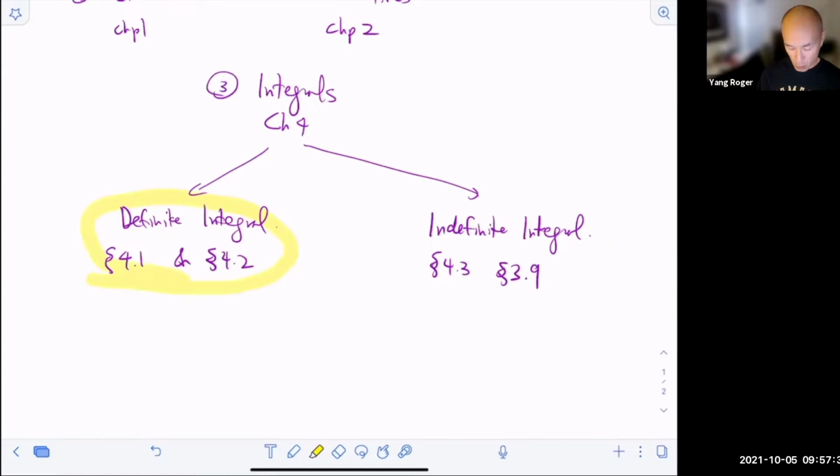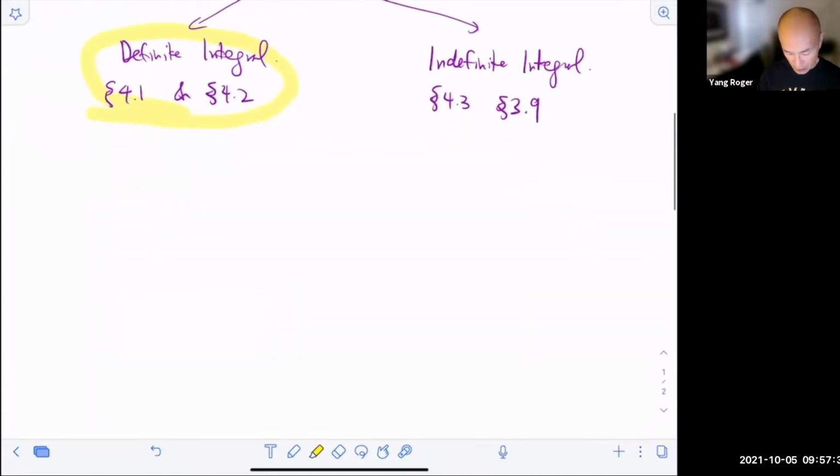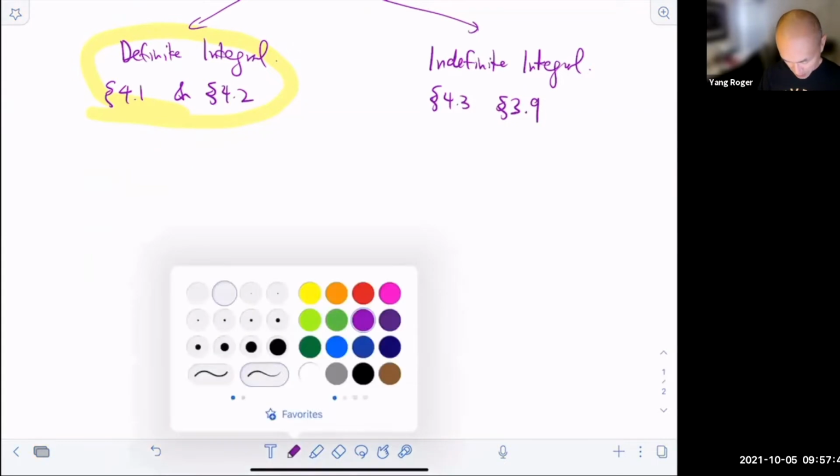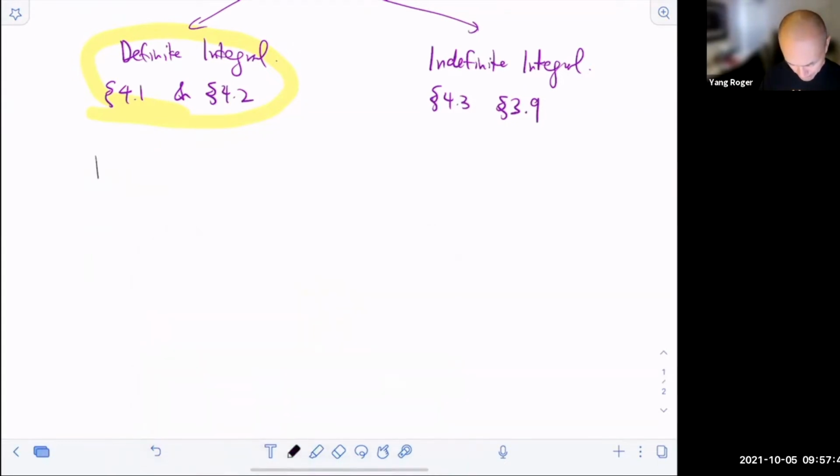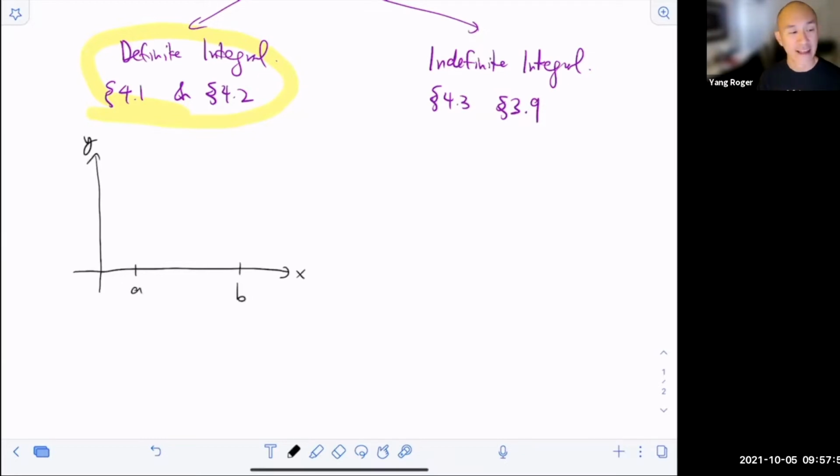And what was the definite integral? Well, I think there are maybe 3 or 4 videos to watch, but I can explain the rough idea. So the rough idea is this. Let's say you have your x-axis and your y-axis like this. And then you have some interval AB like that.